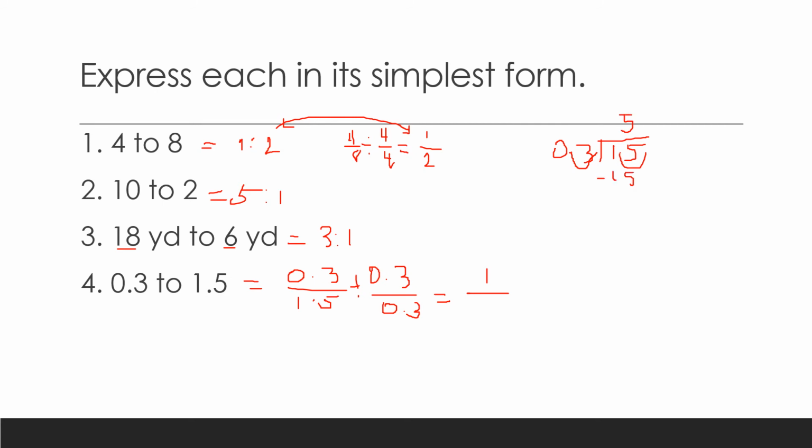So 15 minus 15 is 0. Therefore, the answer is 1/5, or the ratio is 1 is to 5. Okay?